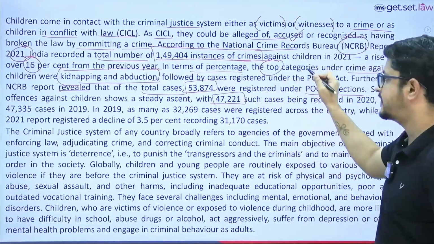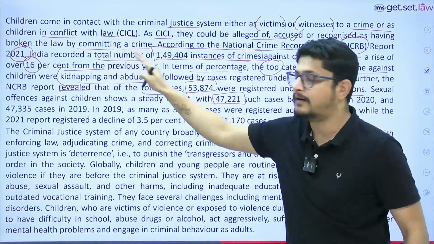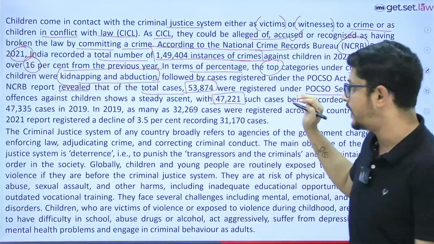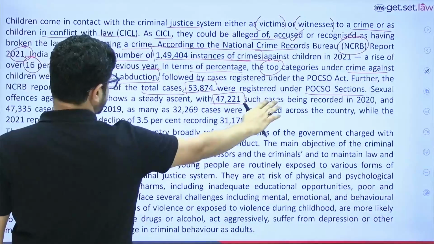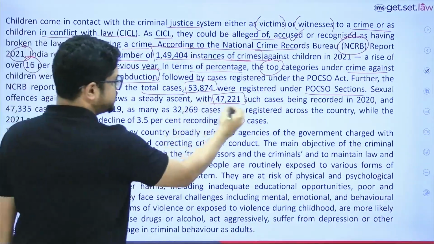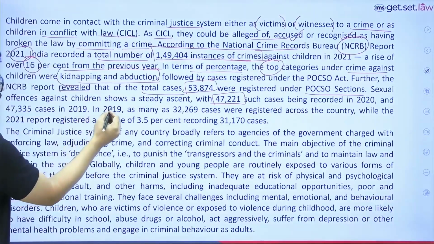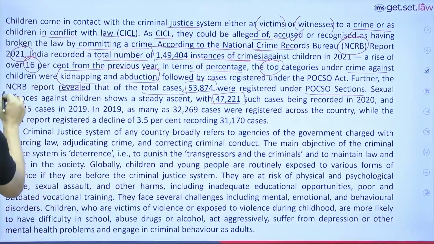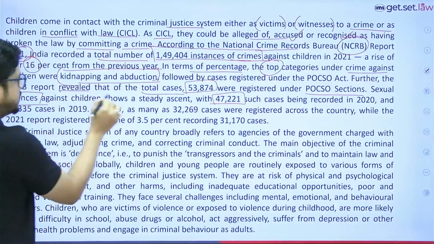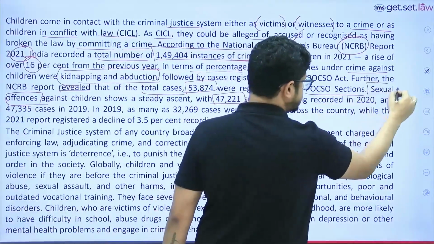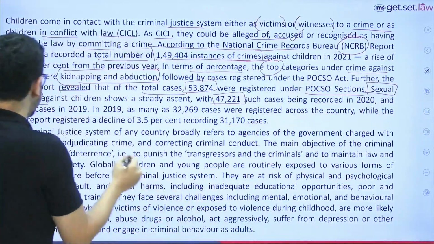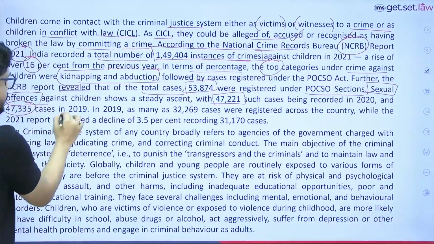So now they are saying that the majority portion was of kidnapping and abduction, and now they are breaking it into parts: around 50,000 were registered under the POCSO sections, and around 47,000 were cases recorded in 2020 related to sexual offences. Okay? So one is which is related with the POCSO section, sexual offences which were recorded in 2020, and around 47,000 in 2019.